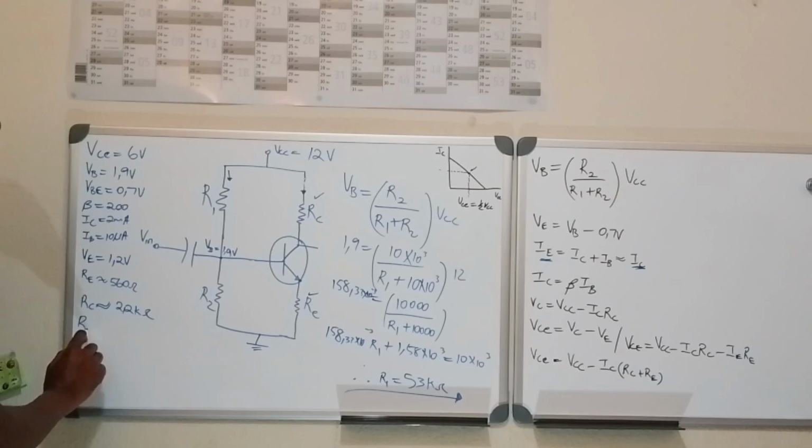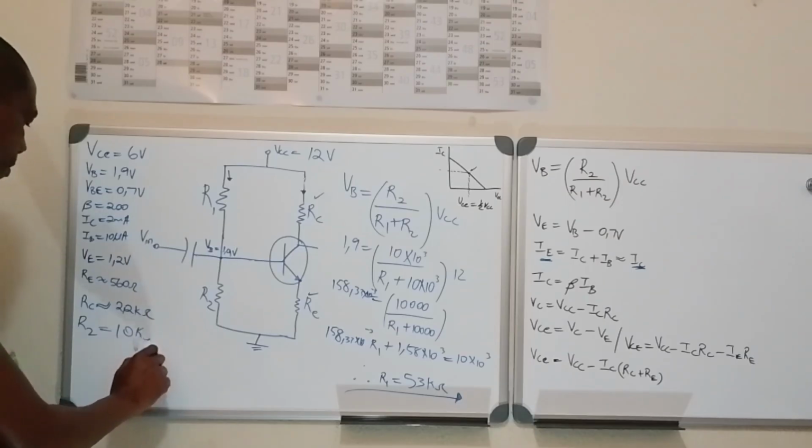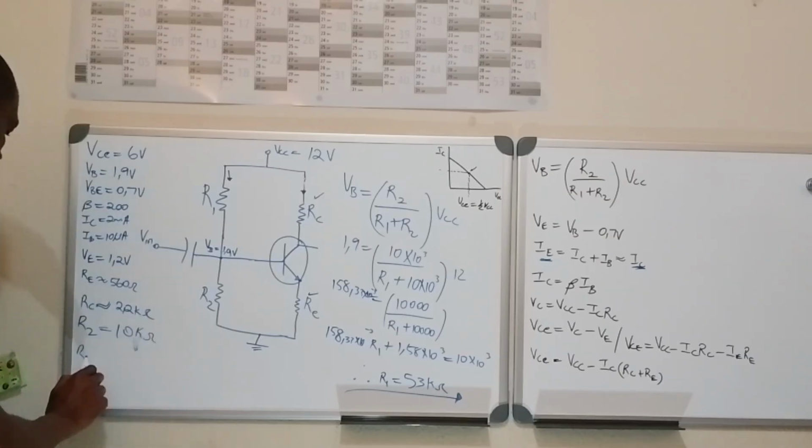We guessed R2 to be equal to 10 kilo ohm, and R1 is equal to 53 kilo ohm. Which value is closest to 53 kilo ohm? Let's say it's 56 kilo ohm.